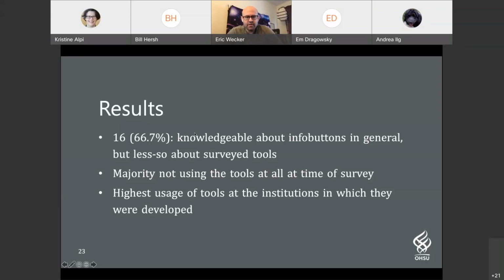So 66.7% of the respondents said they were knowledgeable about Infobuttons in general, but less so about the specific tools. Most of them were not using these tools at all at the time of the survey. And the highest usage of these tools was at the institutions in which they were developed, which is unsurprising.